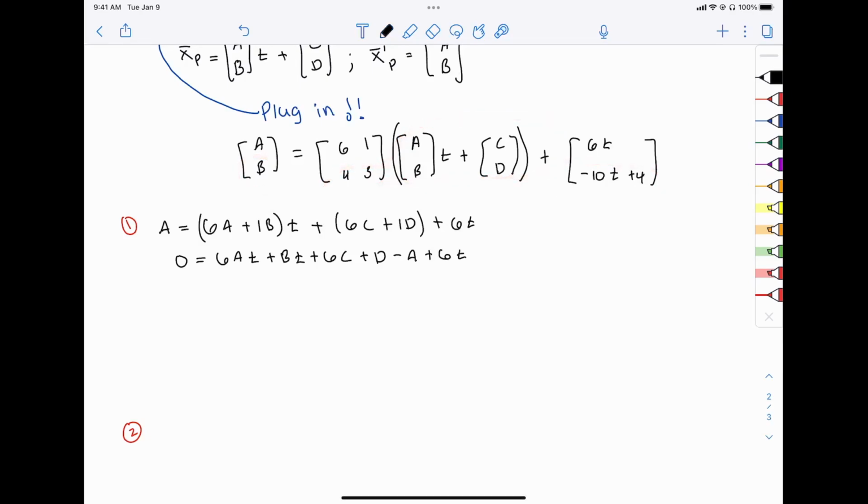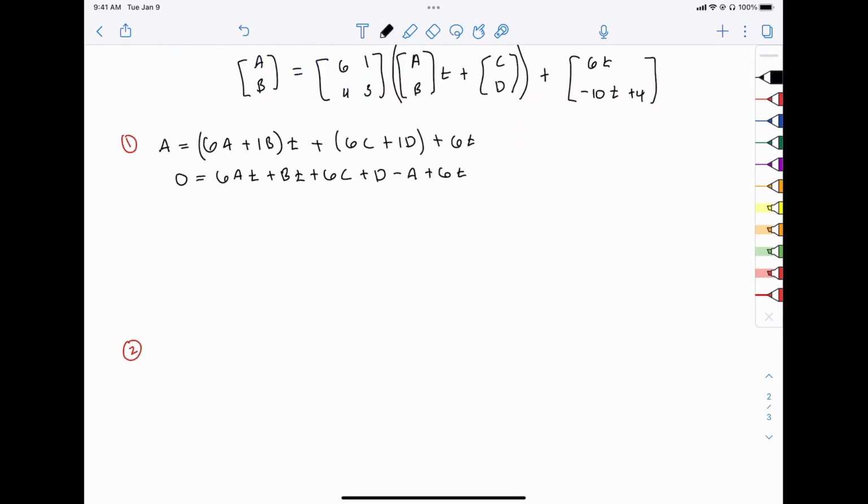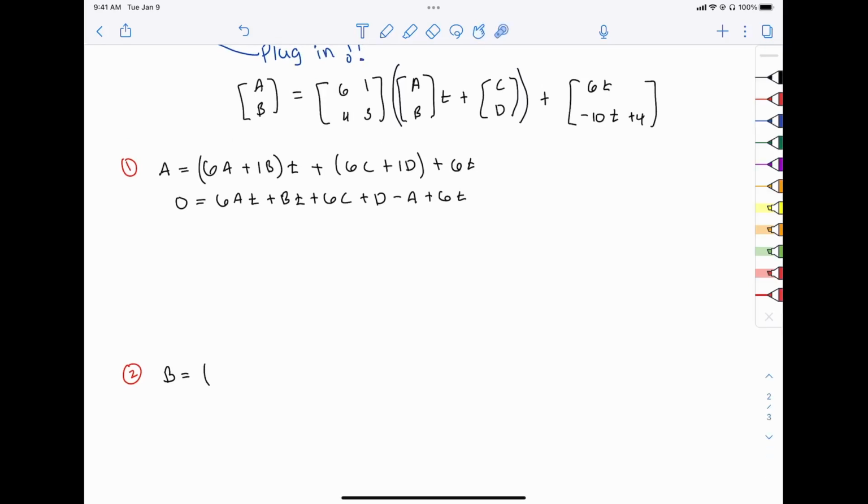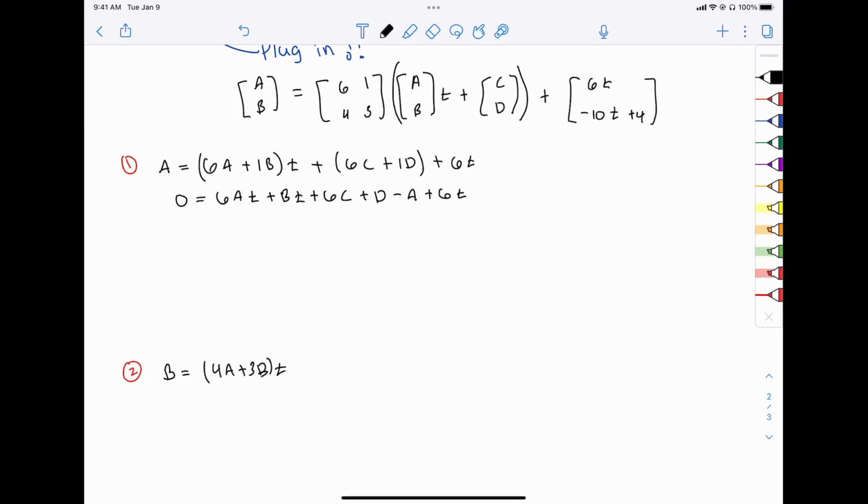Okay, so we'll do that b equals 4a plus 3b times t, and then we'll add that to 4c plus 3d.